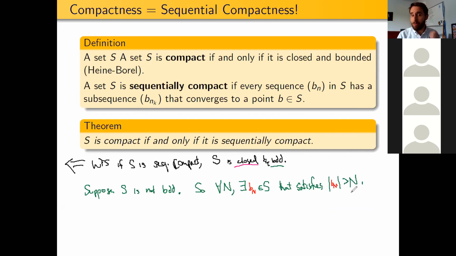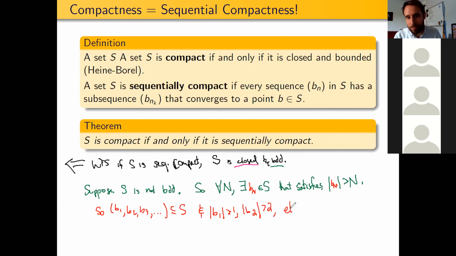So I'm constructing a sequence, B sub 1, B sub 2, B sub 3, etc., such that B sub n is an element of S and it's bigger than its index in absolute value. So we know then that B sub 1, B sub 2, B sub 3, dot, dot, dot, as a sequence, is a subset of S. And we know that B sub 1 is bigger than 1, B sub 2 is bigger than 2, etc.